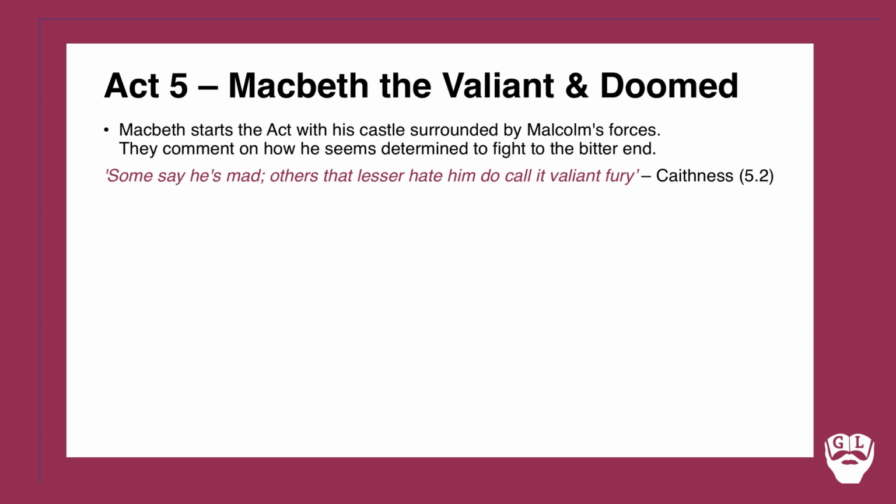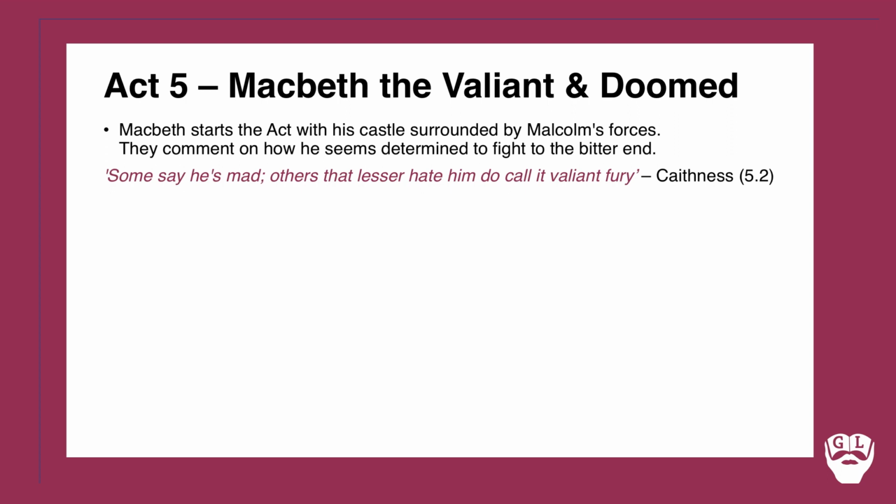Others that lesser hate him do call it valiant fury. There's this real conflict within Macbeth at this point where we can see that he's doomed. He has lost so many people through his tyrannical rule, but in spite of that, he is still determined to go ahead and plough on and will not surrender.